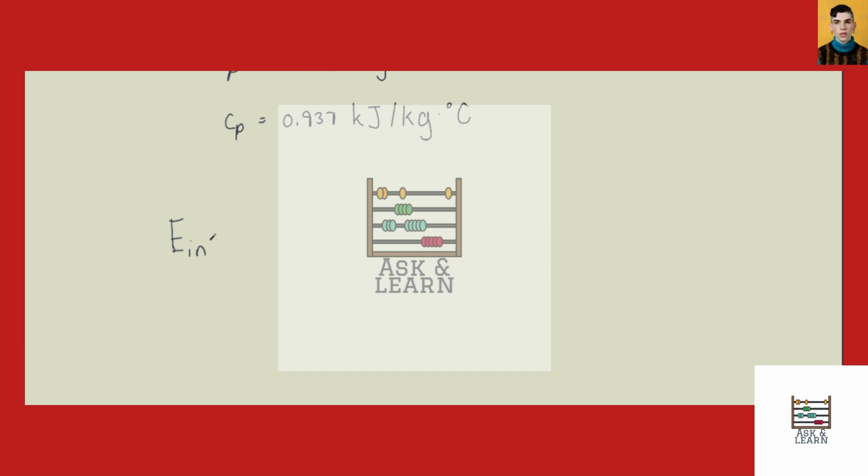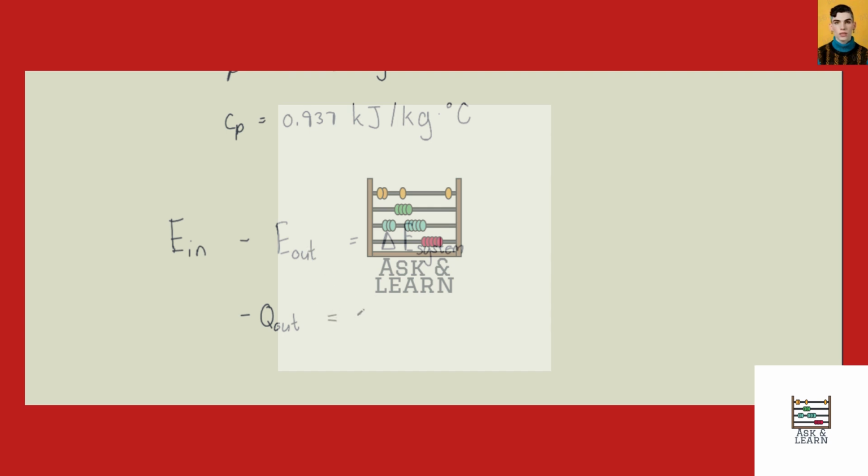So we can write the energy balance equation for this closed system as E in minus E out is equal to the change in the energy of the system, delta E. Now we only have energy leaving the system in the form of heat, as the balls lose heat to the water.